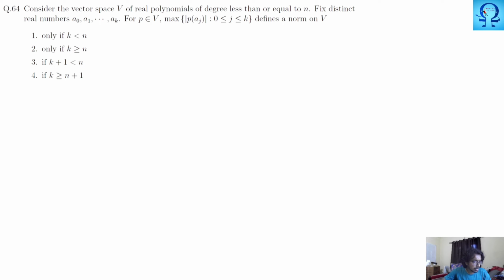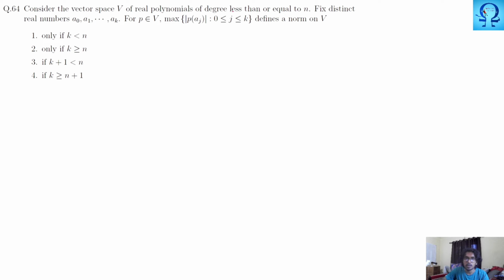And they have defined the maximum of the polynomial evaluated at the points a0, a1, etc. till ak. They are saying that the maximum of this quantity defines a norm. Then which of the following are true?